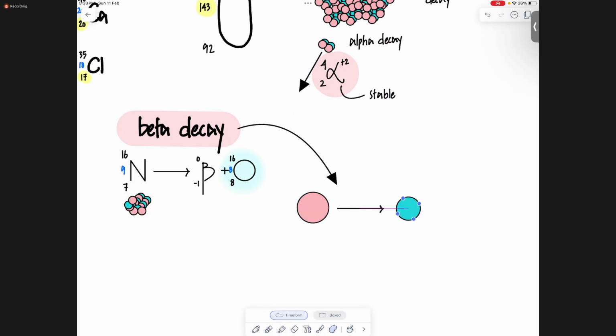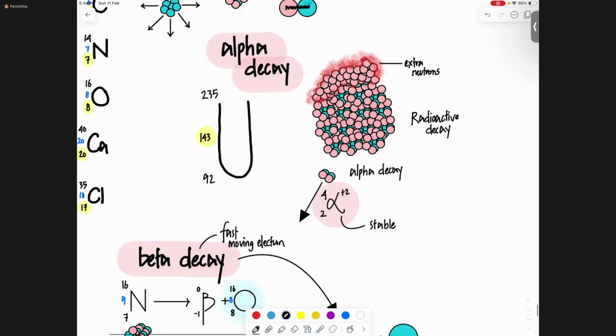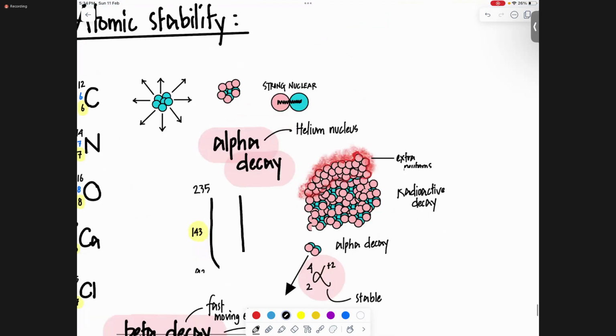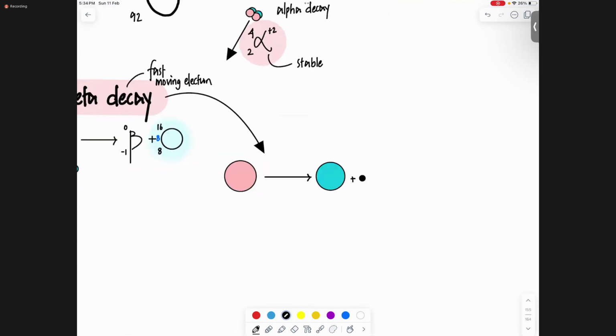And that electron that you see here is your beta particle. So this is a fast moving electron that is released. Our alpha particle is a helium nucleus.